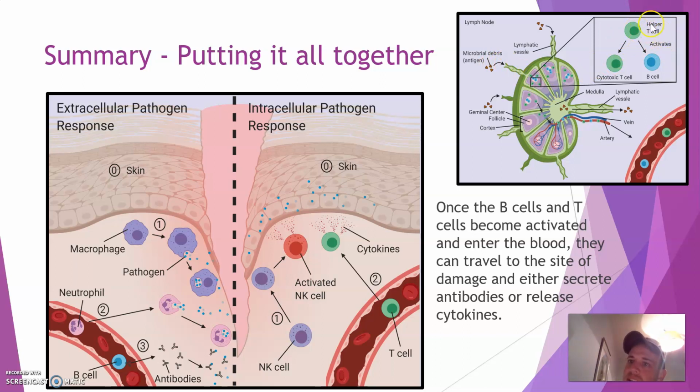And these helper T cells are then going to activate cytotoxic T cells. Cytotoxic T cells then enter the bloodstream, and once in the bloodstream, they are recruited out of the blood to the site of infection. Then these cytotoxic T cells are going to release a whole bunch of cytokines.